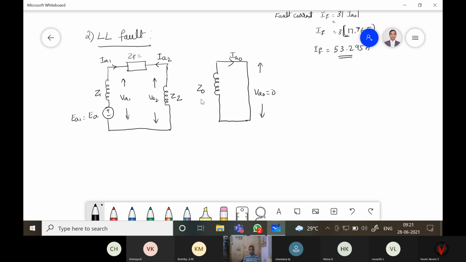Z naught is given as J1 ohm, Z1 value is J4 ohm, Z2 value is J2 ohm, and ZF value is also J2 ohm.